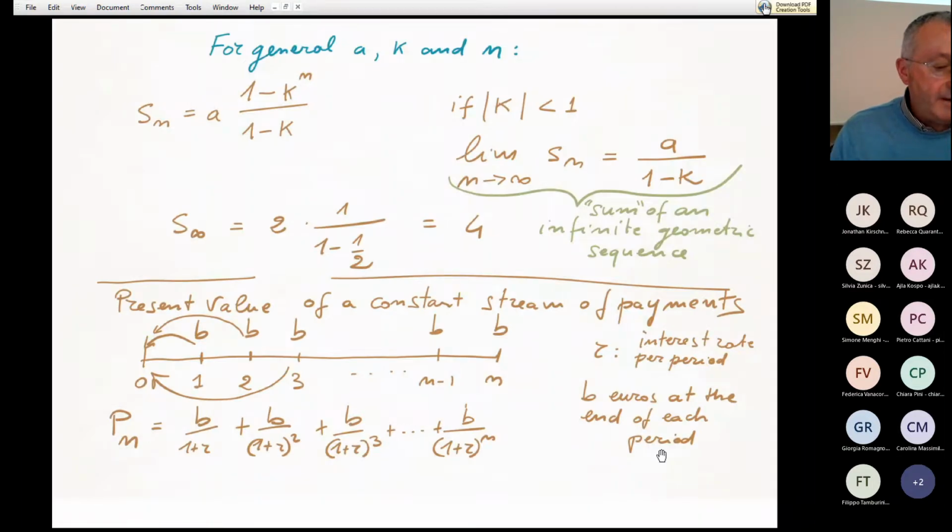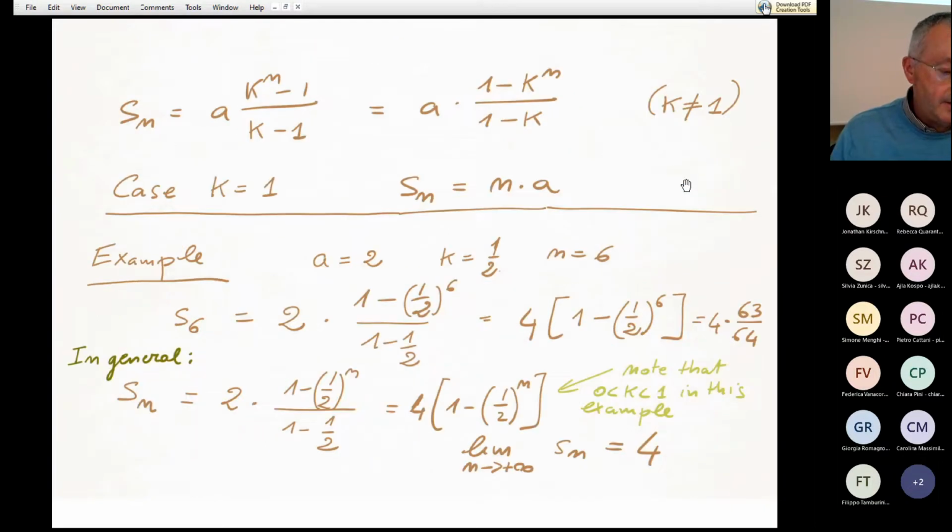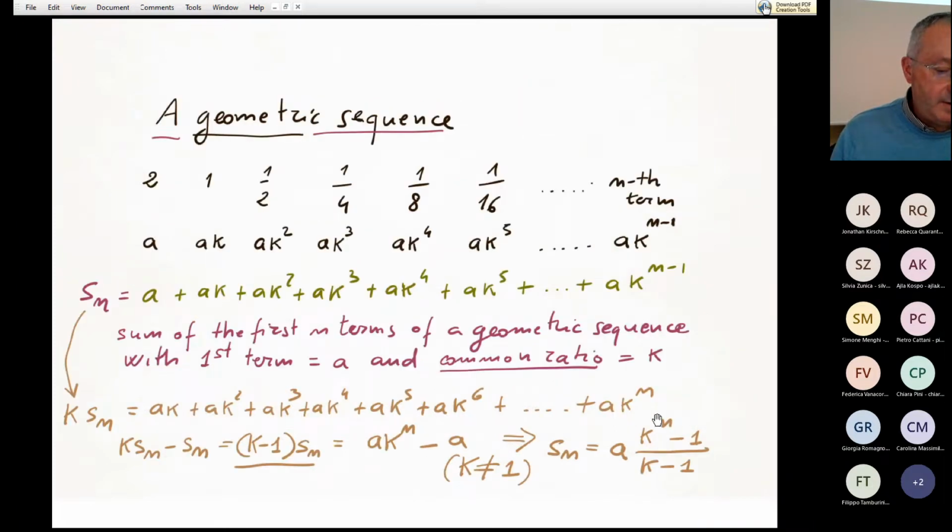So we have a formula for the sum of infinitely many terms, provided that it is possible to compute the sum of infinitely many terms. And the formula is first term divided by 1 minus k. Just because this one would tend to 0 in this case, okay? So what is left is a divided by 1 minus k. Would be minus 1 divided by k minus 1, which is 1 divided by 1 minus k.